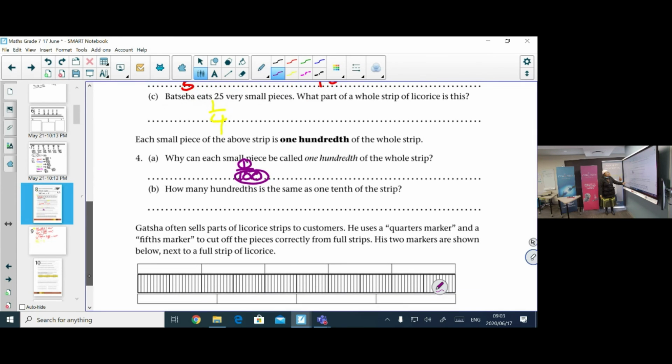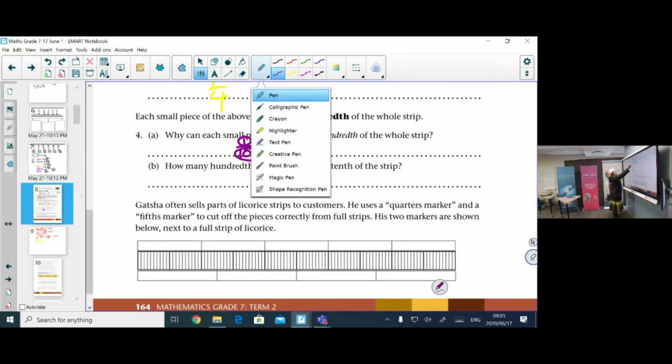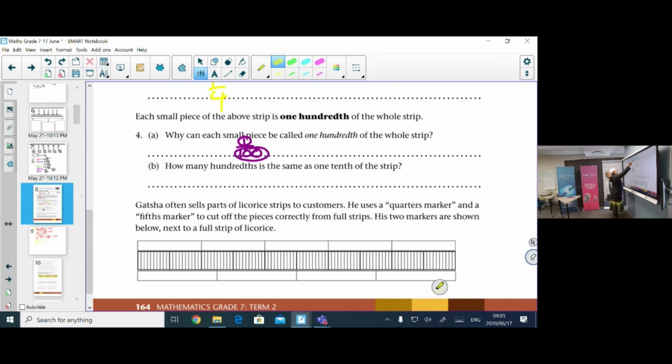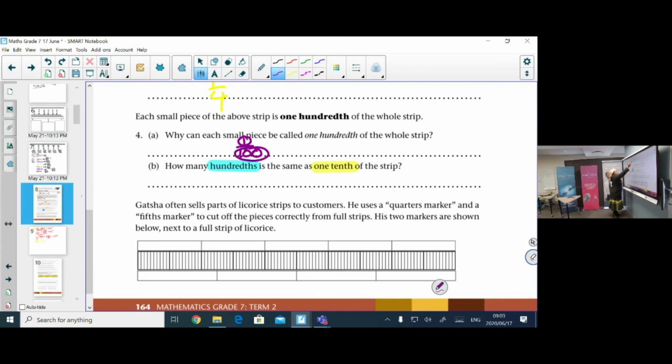So how many hundredths is the same as 1/10 of the strip? In other words, when you look at 100 and then you look at 1/10, the question is there. So we already have one part, which is 1/10.